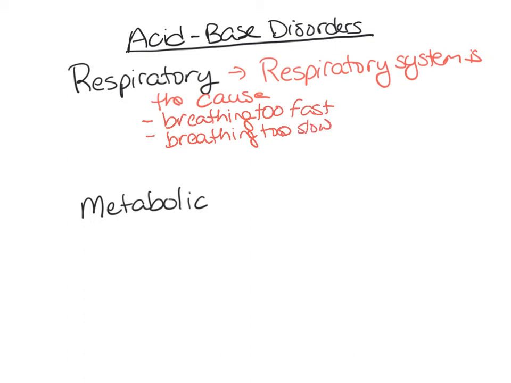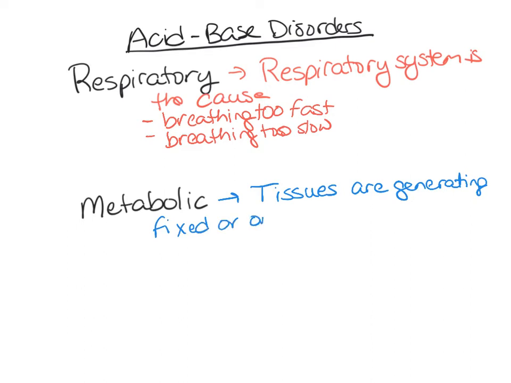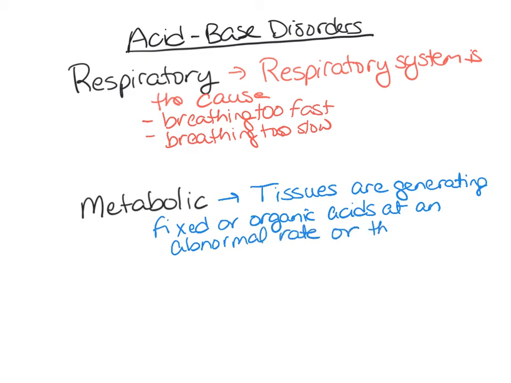With a metabolic acid-base disorder, this is a problem where the tissues are generating fixed or organic acids at an abnormal rate, or they're losing the acids at an abnormal rate.